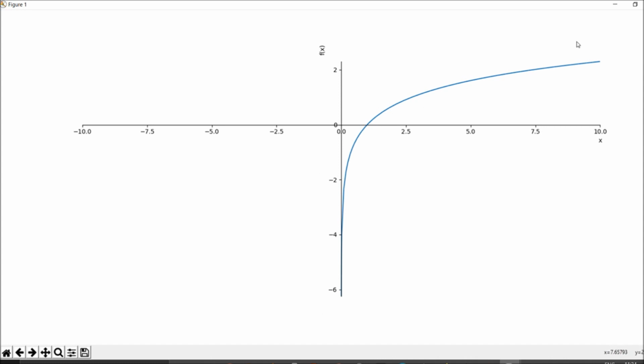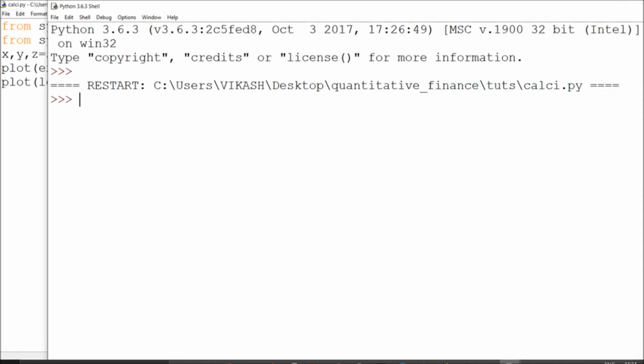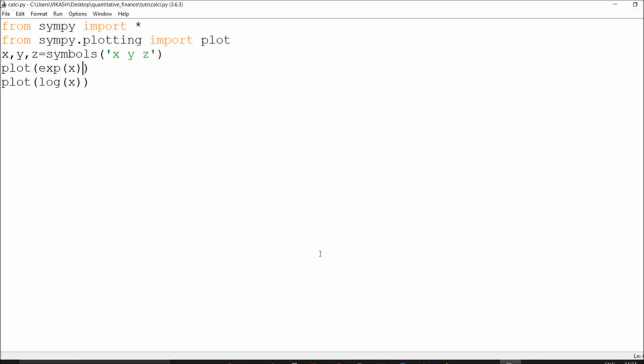So you just try to find it out. The exponential and log x are very much important, so please do consider this.